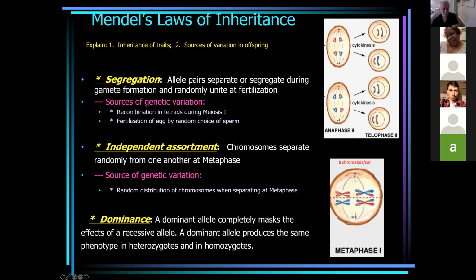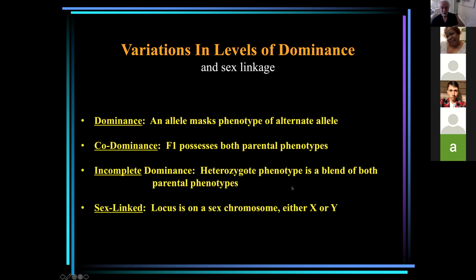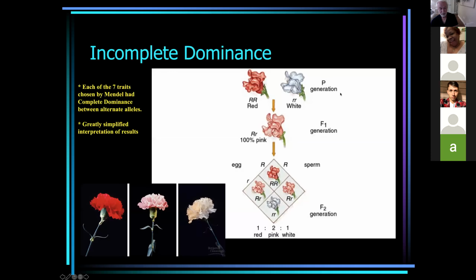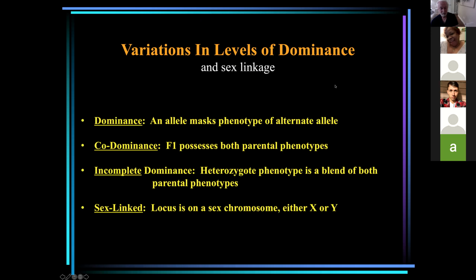And the law of dominance, we've gone over that. The dominant allele masks the recessive one, and the recessive one appears in the F2. There's one other thing. I'm not going to be able to finish this in this period because our time is up.